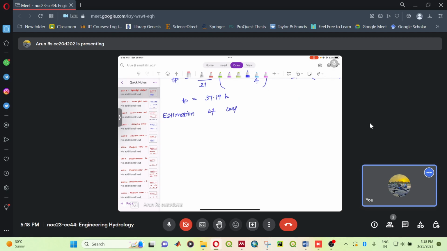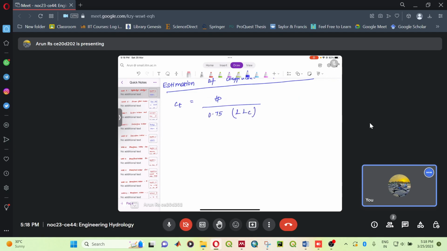Estimation of coefficients CP and CT. So we have the equation for CT as TP divided by 0.75 L into LC to the power 0.3.